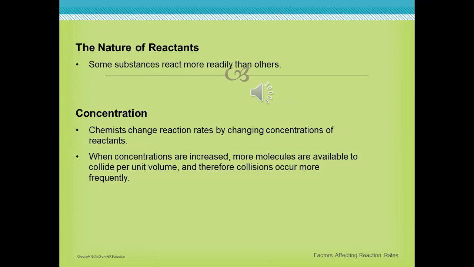What do you understand from this? That we can change the reaction rate by changing the concentration. Yes, and as we increase the particles, there will be more collisions. Do you understand till now? Yes.